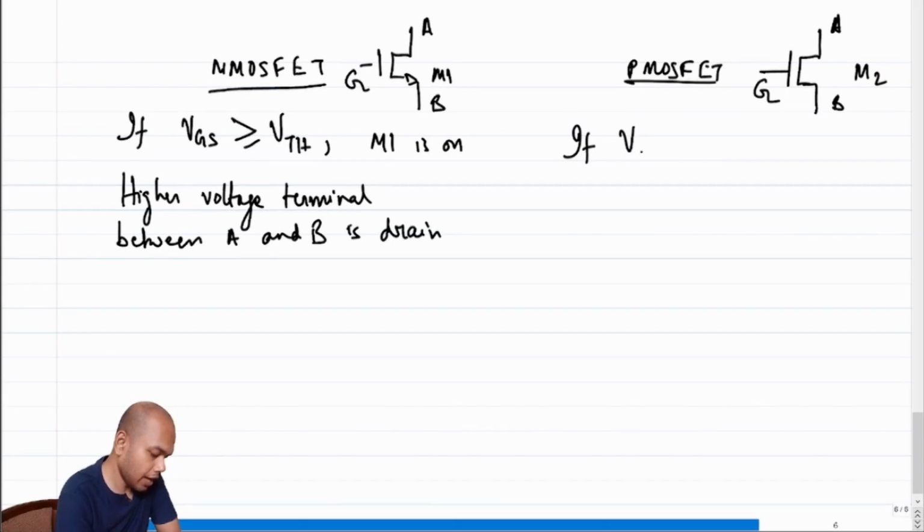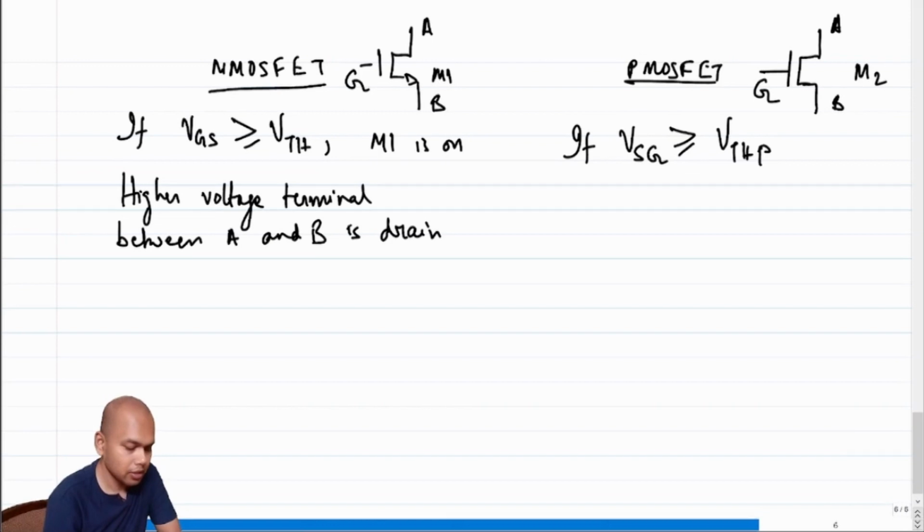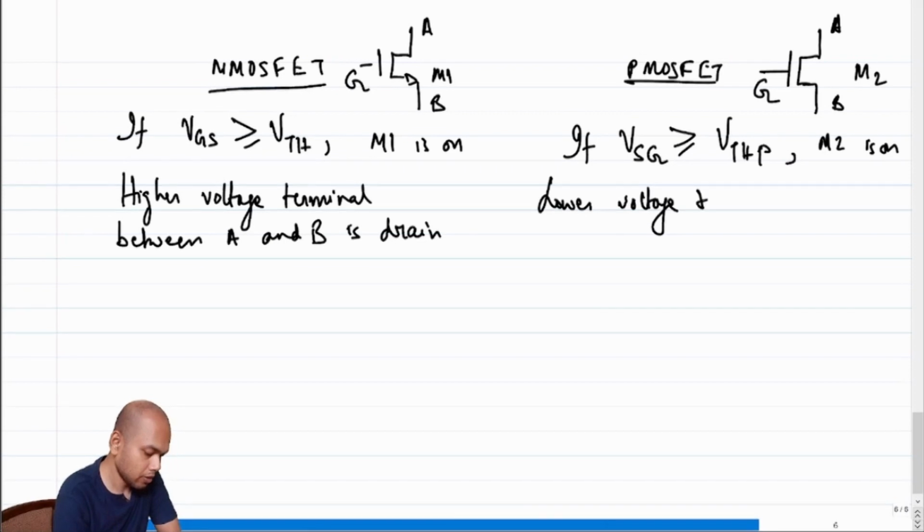If VSG is greater than some VTH P, then M2 is on, and the lower voltage terminal between A and B is drain, right?